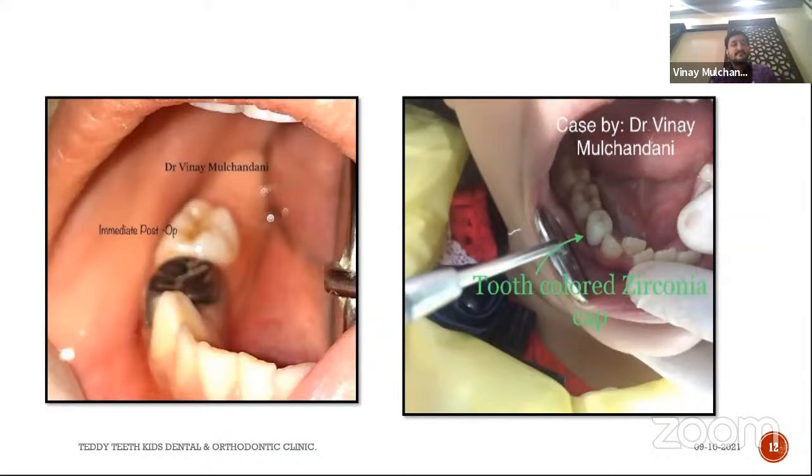We take out the risk of nickel toxicity and nickel allergy, because the older restorations had nickel incorporated, which in certain patients may cause allergic responses. So now with the use of white caps, that is zirconia caps and ceramic caps in children, there is no risk of any allergic episode. They are more tissue friendly.